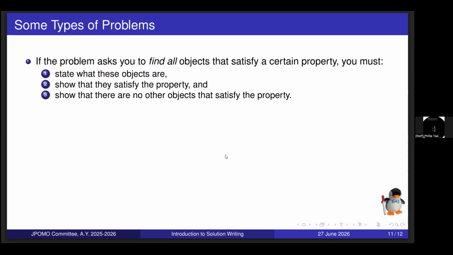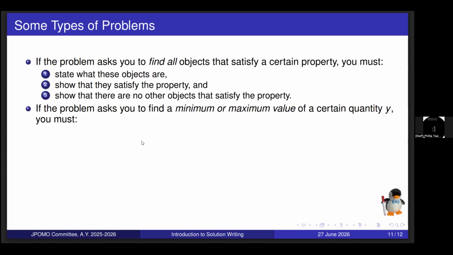So, for example, if a problem asks you to find all even positive integers, then you must first state that they must be 2, 4, 6, 8, etc. And then after that, show that 2, 4, 6, 8, etc., are indeed even positive integers. And then lastly, show that there are no other even positive integers that are not included.